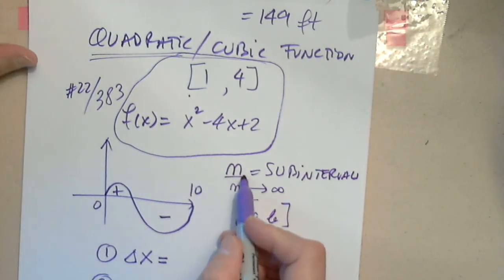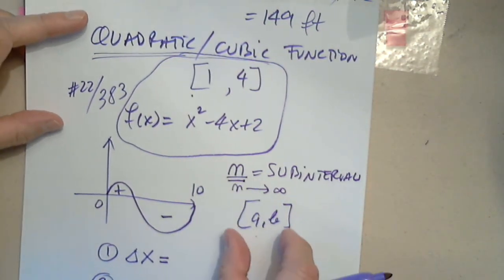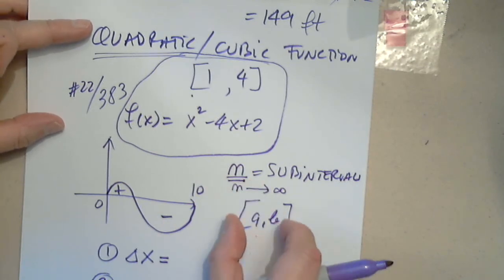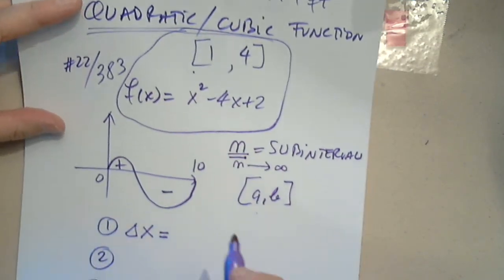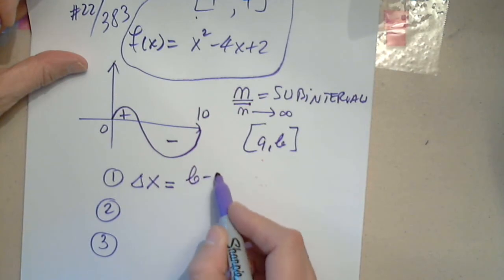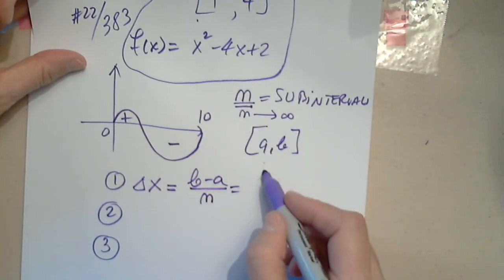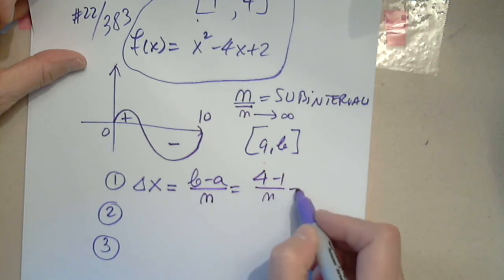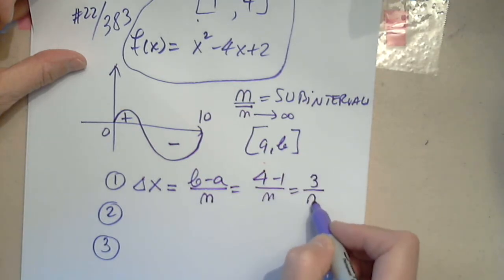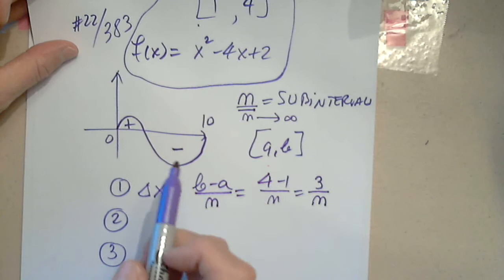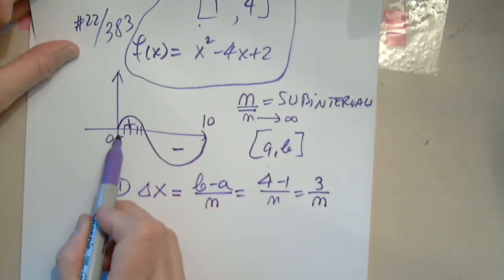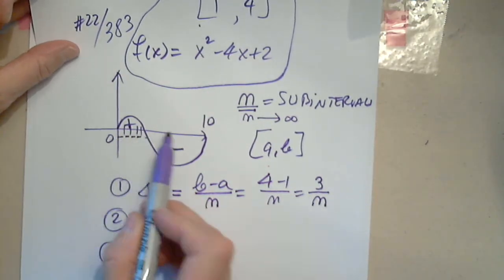So in order to divide the interval by n, I have to have b minus a divided by n. That's the width of each subinterval. So in our case, it will be 4 minus 1 divided by n, in other words, 3 divided by n. This is the width of each subinterval: 3 over n, 3 over n, 3 over n, and so on and so forth.